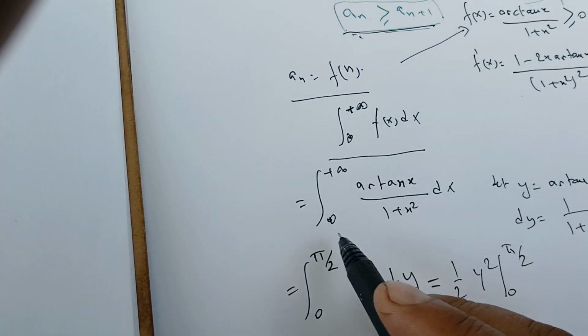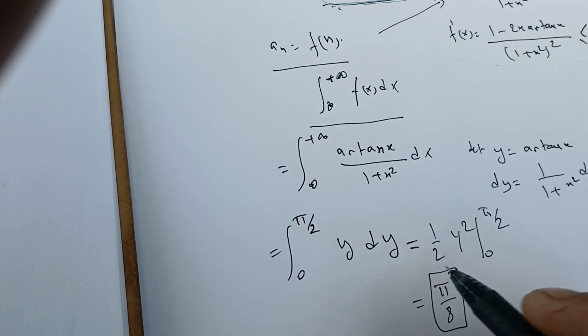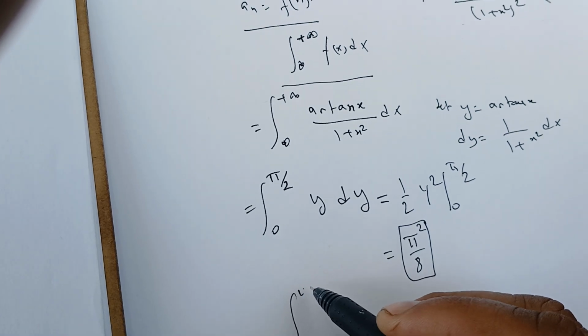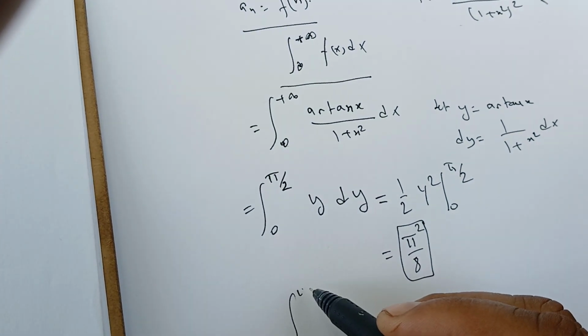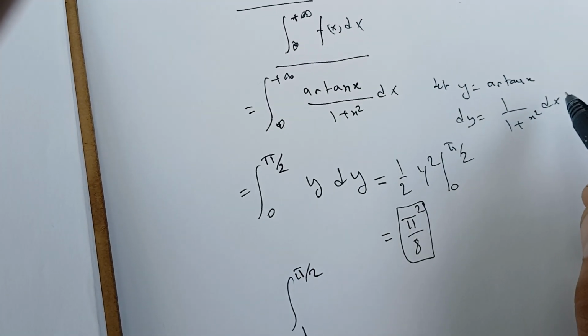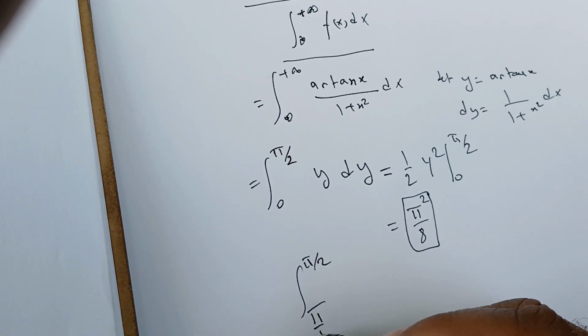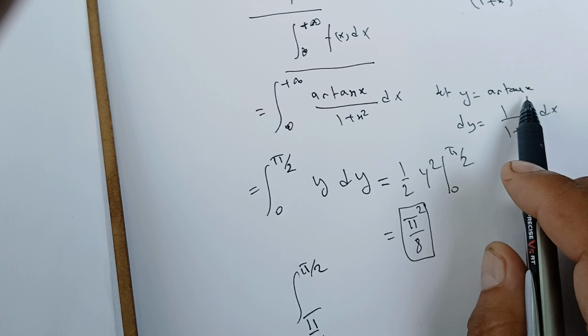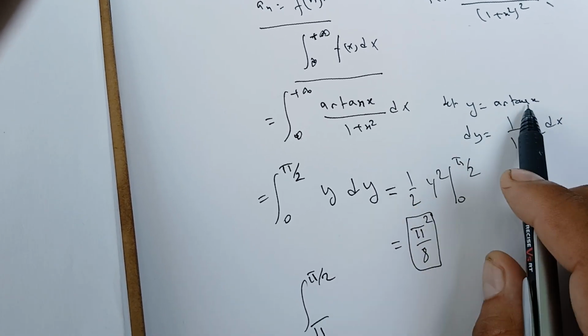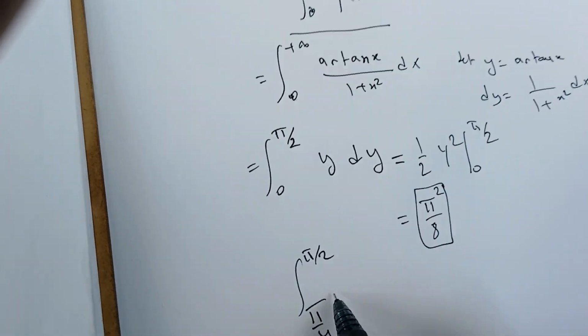Here we started from 0, but we could have started from 1. If we start from 1, when x is 1, y is the arctangent of 1, which is pi over 4.